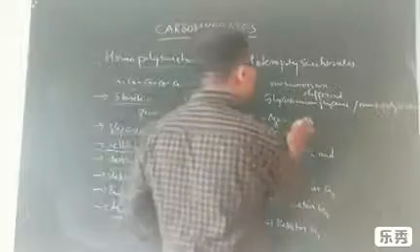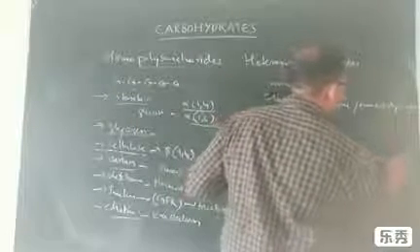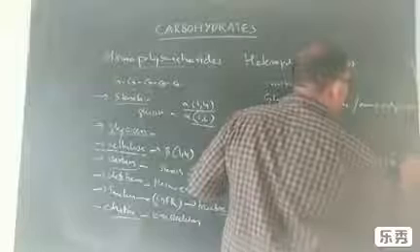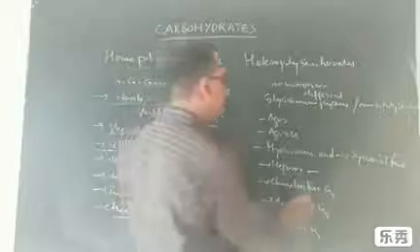Then these are used for: agar is used as a suspending agent. Then hyaluronic acid is present in synovial fluid and in the replacement of the eye. Then heparin, it is an anticoagulant.